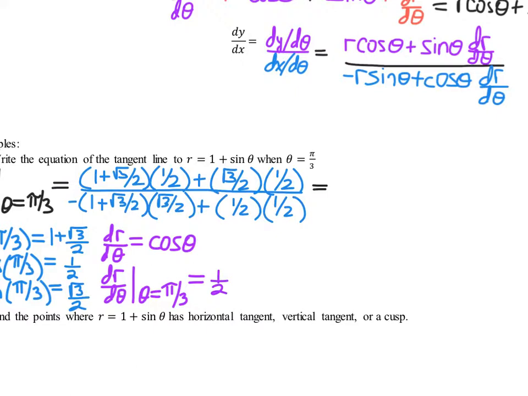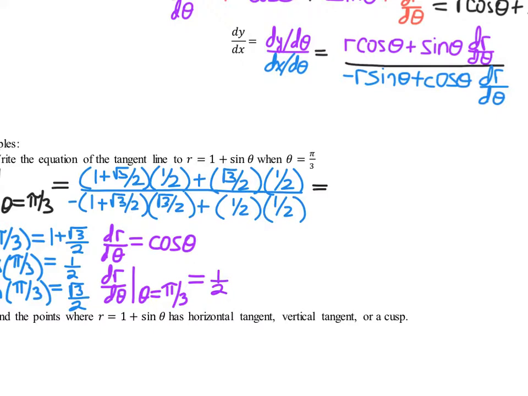Just for the sake of sanity, if you were to carry out some of these calculations, you'd see that the denominators across the board would be 4, except for this one here. So if we were to multiply through with a 4, that would clear out all of our denominators.